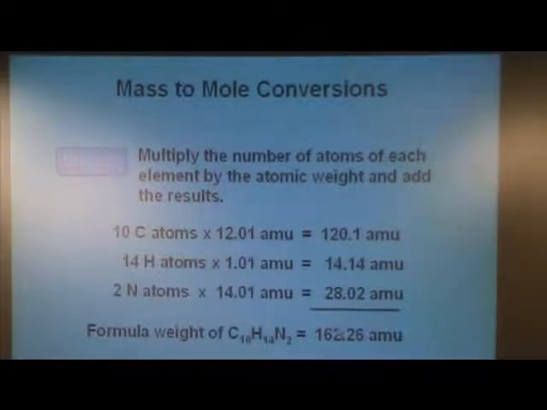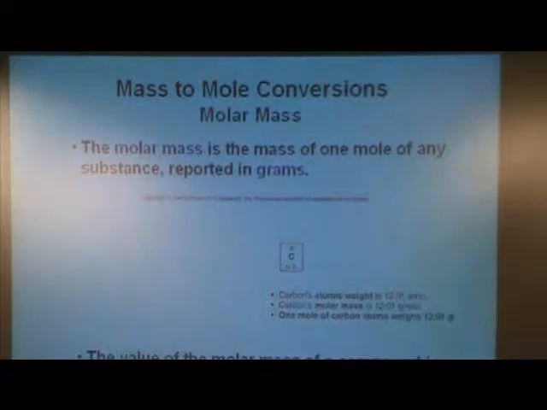Because it's AMU. If it was grams, then we call this molar mass. What is this then? The atomic mass, or molecular weight. But molar mass is the mass in grams of 1 mole of any substance. It has to be reported in grams.